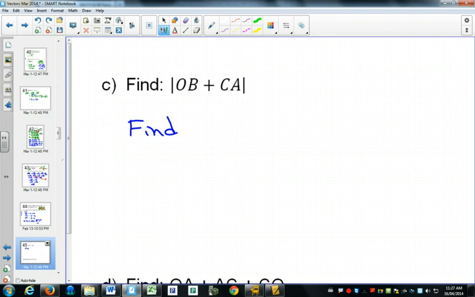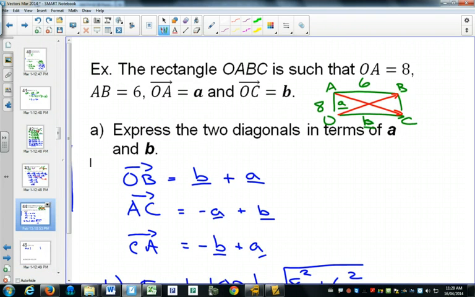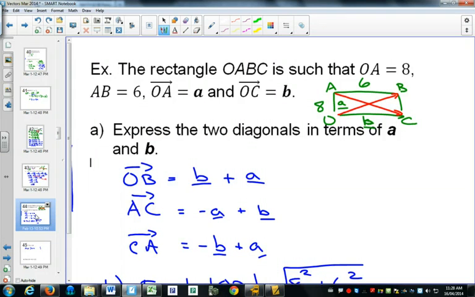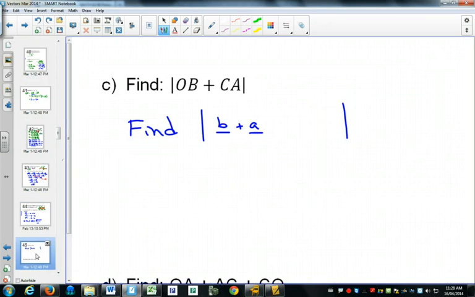OB, we figured out from part A, was B plus A. And CA was negative B plus A. And we're left with two A's. And since A was 6, our answer is 12.